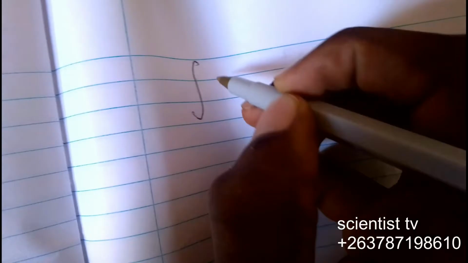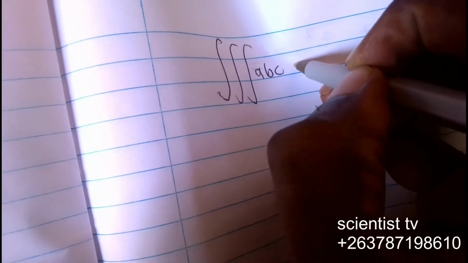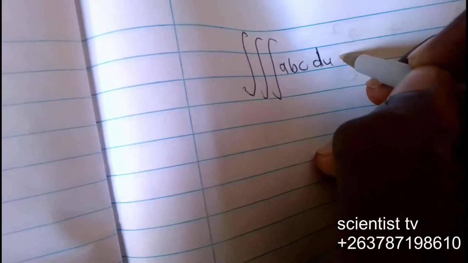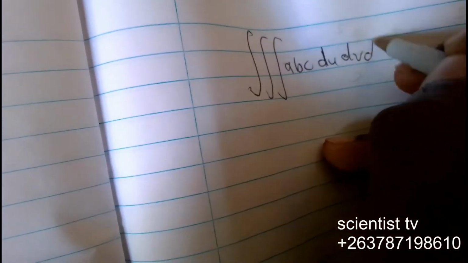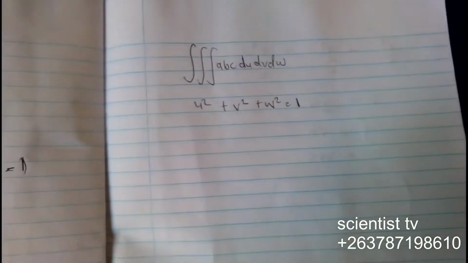So now it's like this: the triple integral of abc du dv dw. Okay, here is our equation, u squared plus v squared plus w squared is equal to 1.